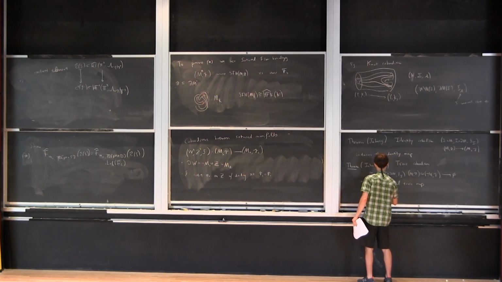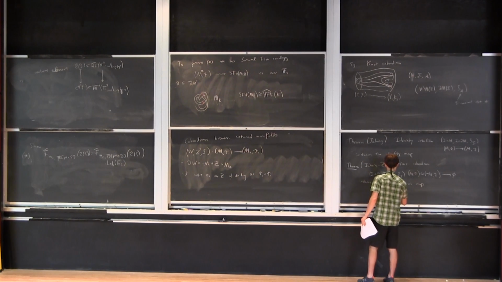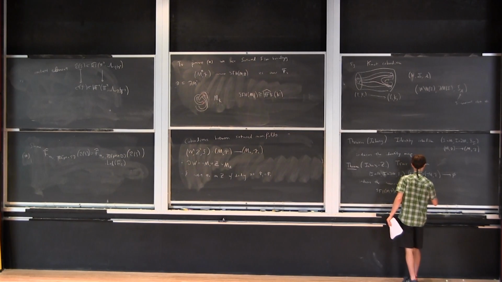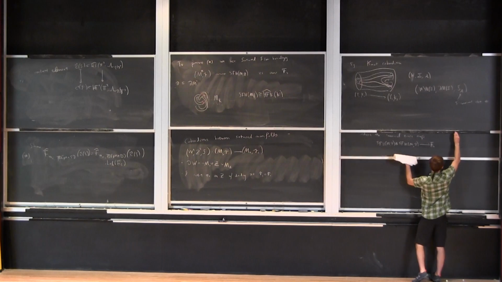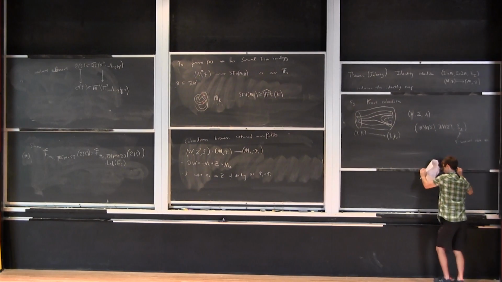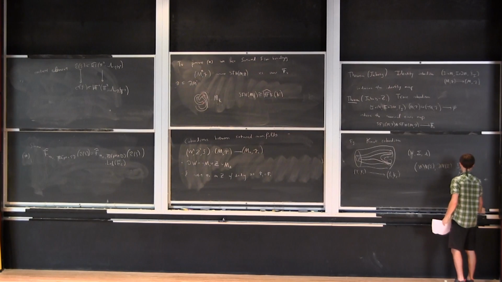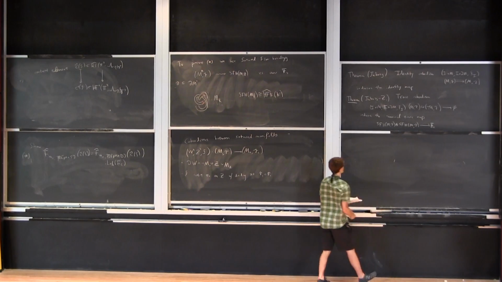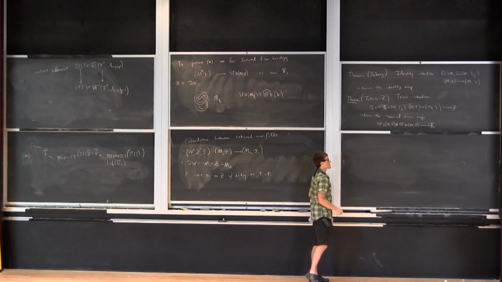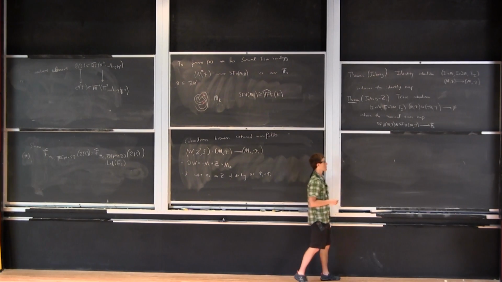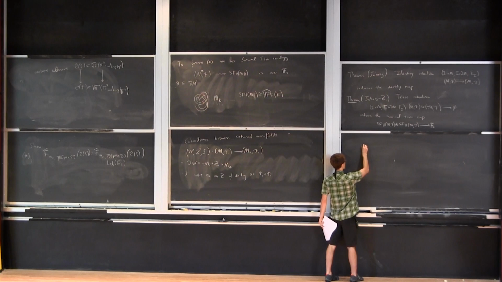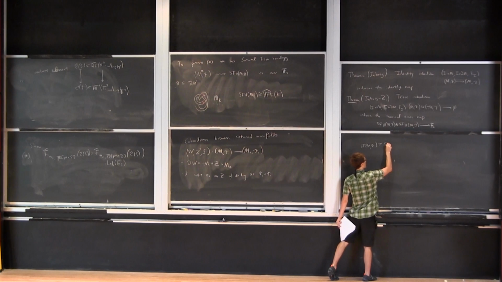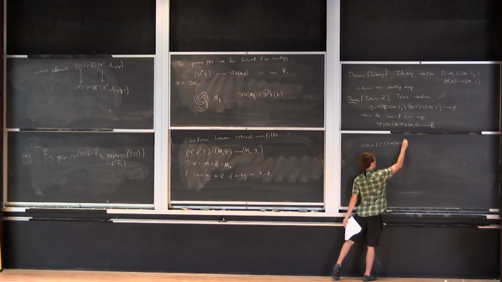I'll tell you just briefly what that is. That's sutured Floer homology of M tensor sutured Floer homology of minus M gamma to F. Basically, the sutured Floer homology of minus M gamma is canonically isomorphic to the dual of the sutured Floer homology of M gamma.